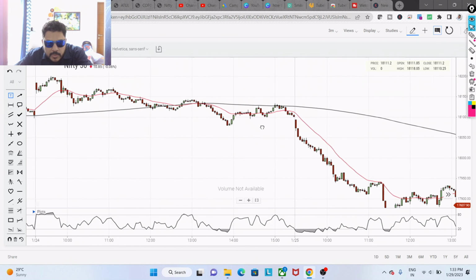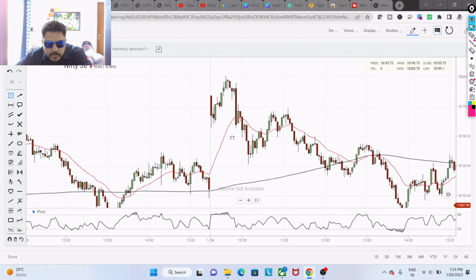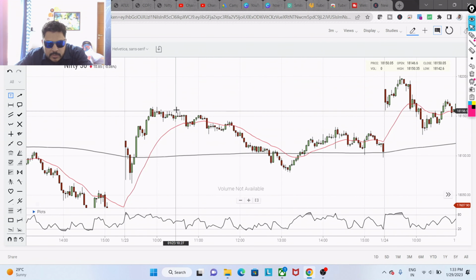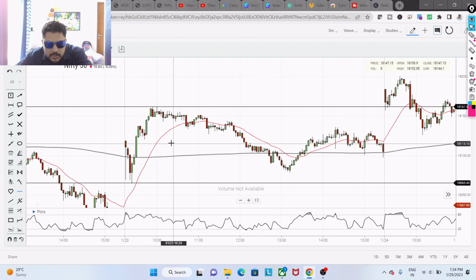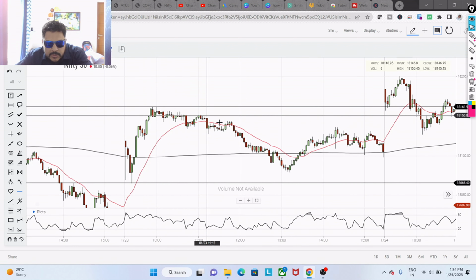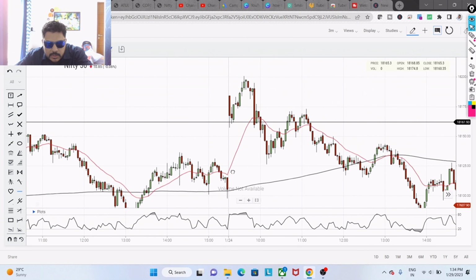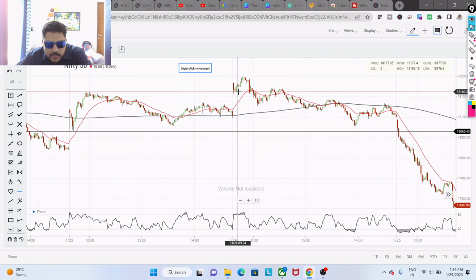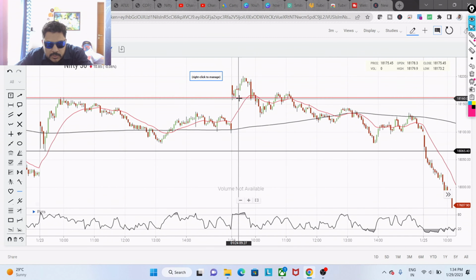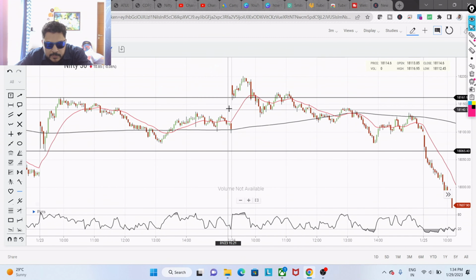Now let's go back a little bit and try to do the same thing for the previous day. You have marked the previous day high, and this day's low is this. This is the range. Now the candle opened above the previous day high, so here you got a long entry.